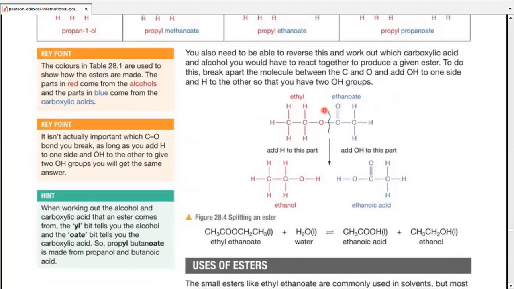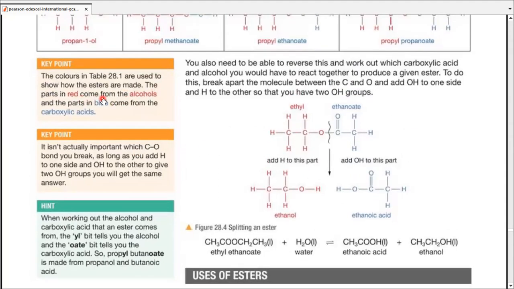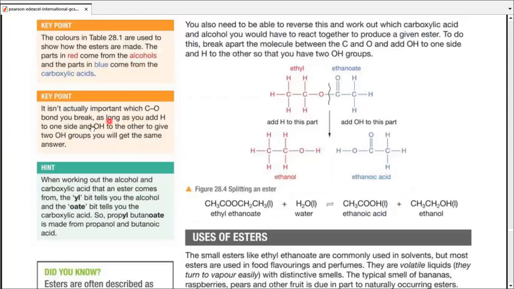Key point: the colors in the table show how esters are made. The parts in red come from alcohols, the blues are carboxylic acids. It isn't actually important which C-O bond you break, as long as you add H to one side and OH to the other side to give two OH groups, you'll get the same answers. One OH group is a part of the carboxylic acid.